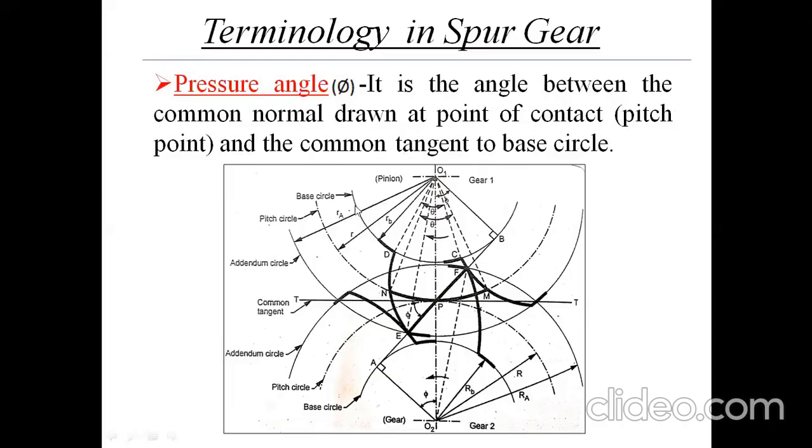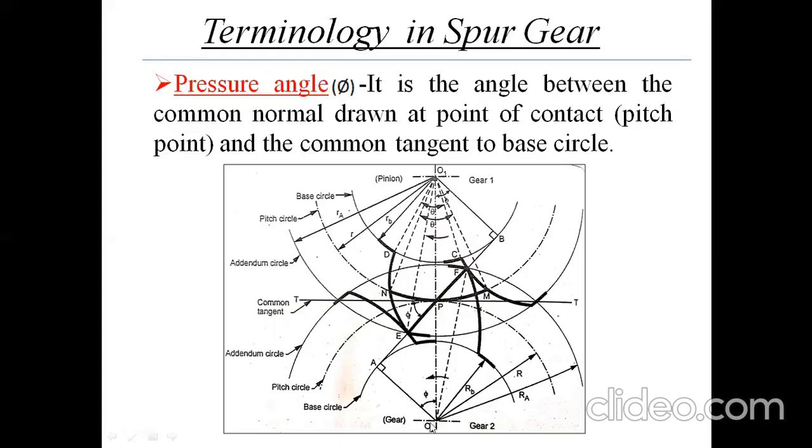See, in every gear there are three circles. One is the base circle, which is near the dedendum circle. Second is the pitch circle, and third is the addendum circle. O1 is the center of the pinion in the gear pair, and second is the gear.